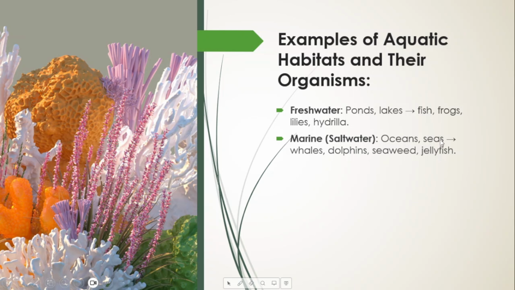The animals found in oceans and seas are whales and dolphins. And plants that we see in oceans and seas are seaweed and jellyfish. So jellyfish, it is an animal. So these are the examples of various plants and animals that live in the water bodies.